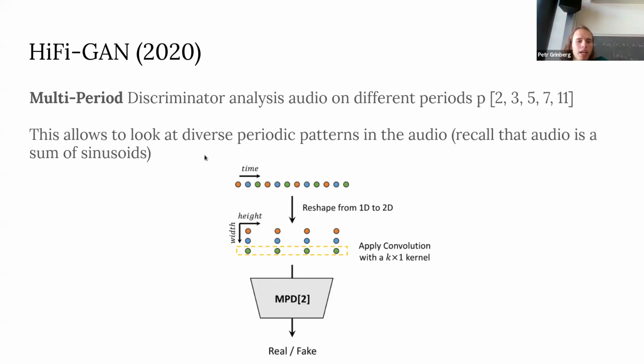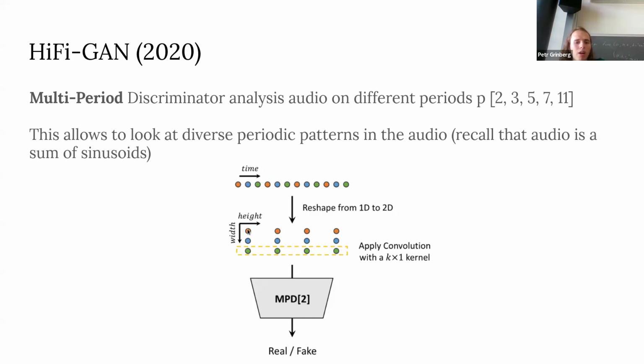And what it does, yeah, it looks at diverse periodic patterns in the audio. So you have your 1D input, and you reshape it to have a 2D matrix where the width is equal to P, and the height depends on the length of your waveform.